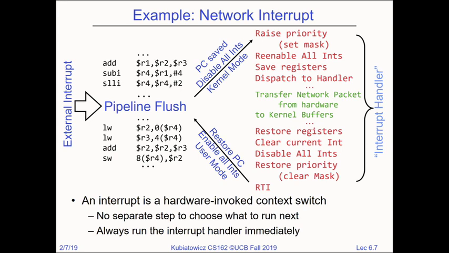Now, I want you to notice something here. Notice that we're running in user mode. We hit the interrupt, and now we enter the kernel, and now we're going to get a kernel stack. That's part of the dispatch to handler. And that kernel stack is now going to run stuff to get moving, and then we restore and go back the other direction.